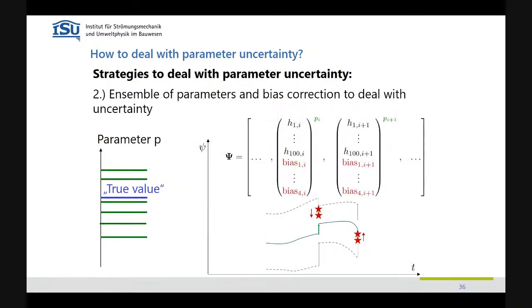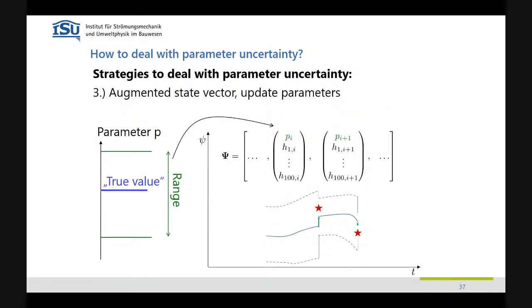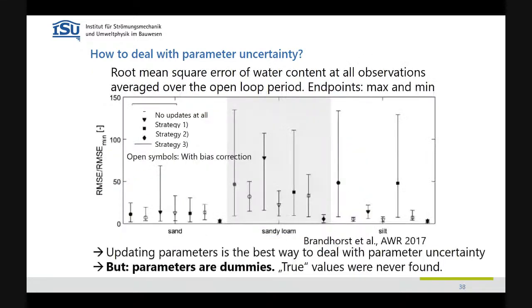And again, this can be done in combination with bias corrections. And the third strategy is to say, I have an uncertain parameter, so I give it a distribution, I sample from the distribution, but then I update my parameters on the fly. So I take the observations into account to update also the parameters, to try to get better parameters for the model. Okay, and these are the results.